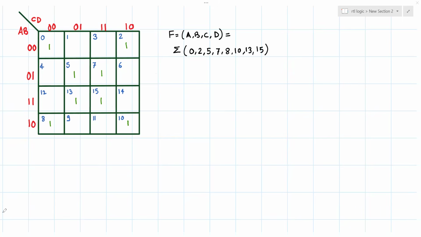So I have the option of making the grouping. For example, I see that these are four adjacent ones. So I can make this two and these two, or I can also make these two and these two.